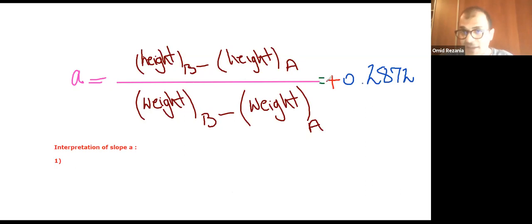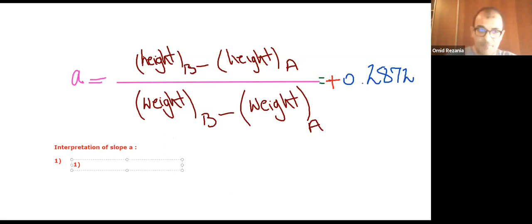The sign that we got for this slope is what? Is positive. I'm going to write the interpretation as 1.